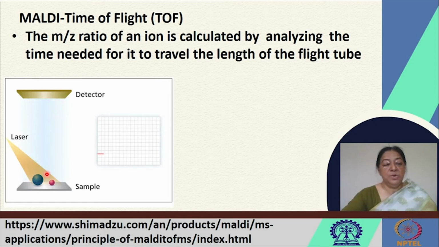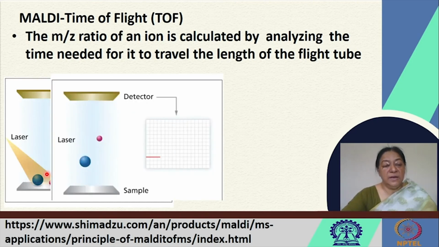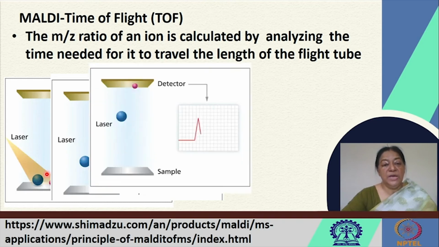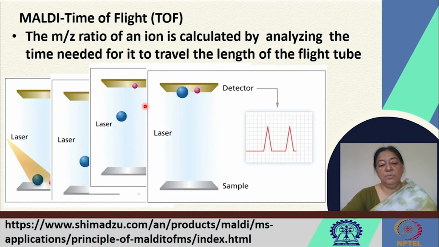Then with the production of the laser, it ionizes and gradually moves to the detector, and depending upon the m by z ratio, it would reach the detector and we would get a peak depending upon which molecule has reached earlier, which would depend upon the mass by charge ratio in the time of flight. So finally we would get these two peaks depending upon the mass by charge ratio, giving us an indication of the mass of the molecules that we had present in our mixture of proteins.